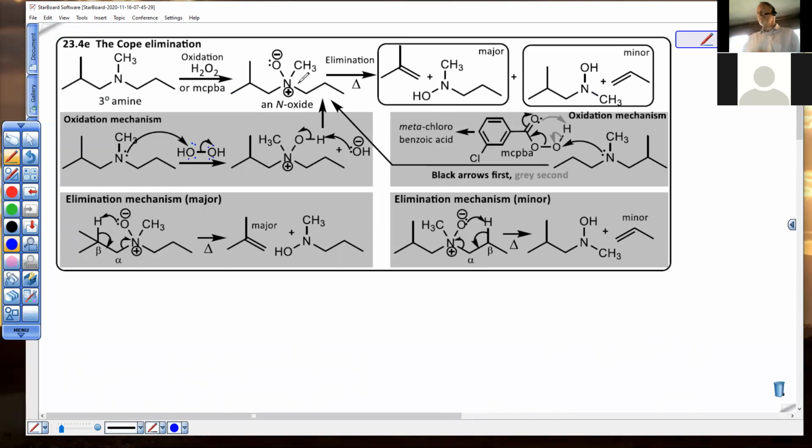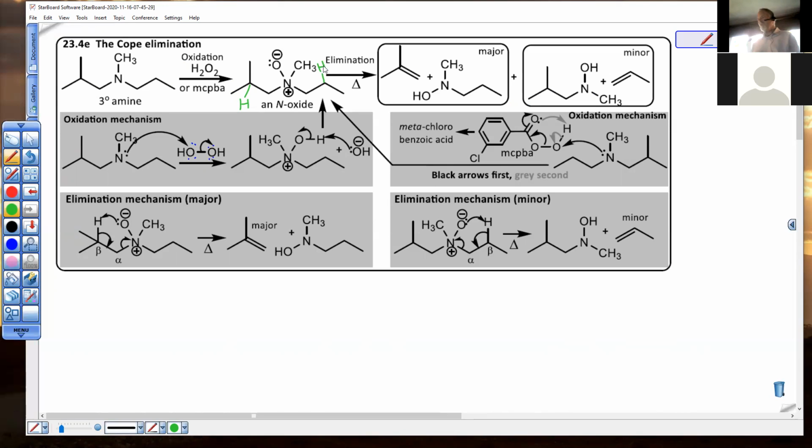Now what you have is what looks like a Hofmann situation, where there's a base in a molecule that has a leaving group and beta H's. Your base is attached though, so you do not have to worry about things like kinetic control. The base is already in there.